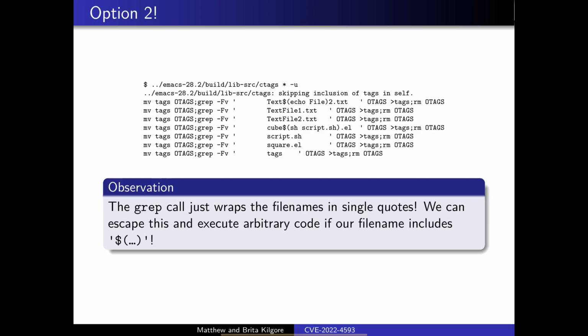As such, we can escape this string and re-enable arbitrary code execution if our file name includes a single quote followed by a shell sub-expression followed by another single quote.